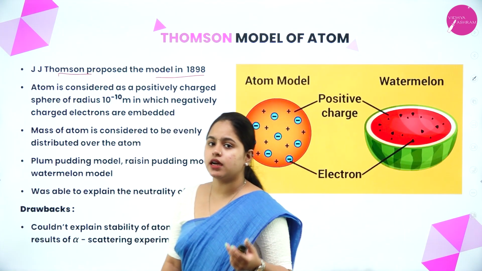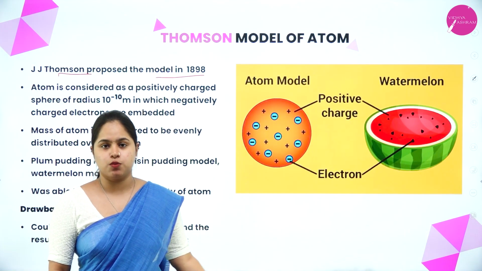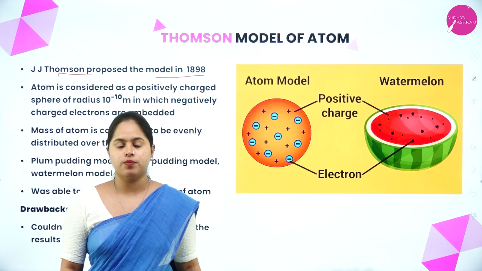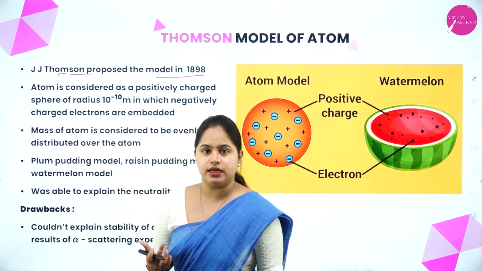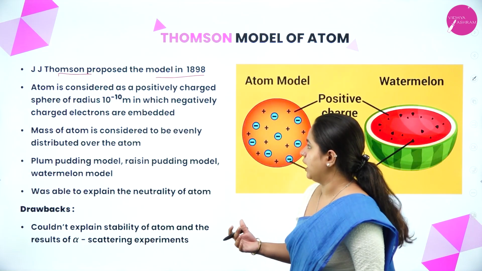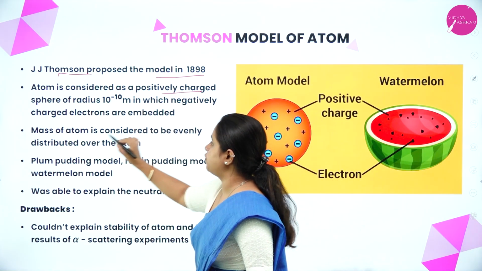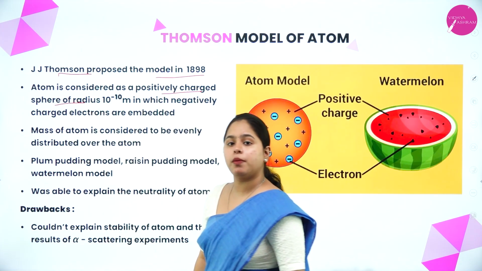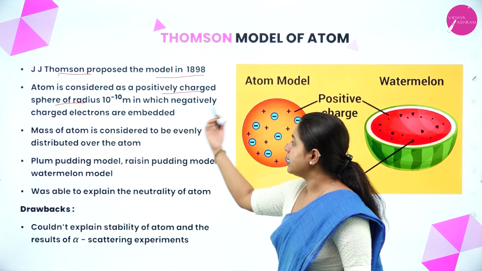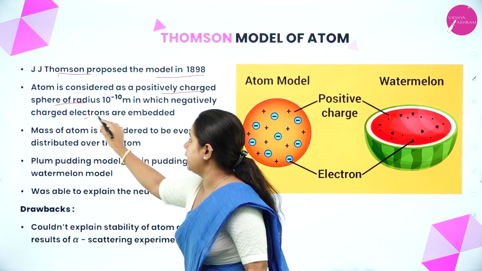So what is the speciality of this model? What is the Thomson model about? According to his model, the atom is considered as a positively charged sphere of radius 10 to the power minus 10 meter, in which negatively charged electrons are embedded.